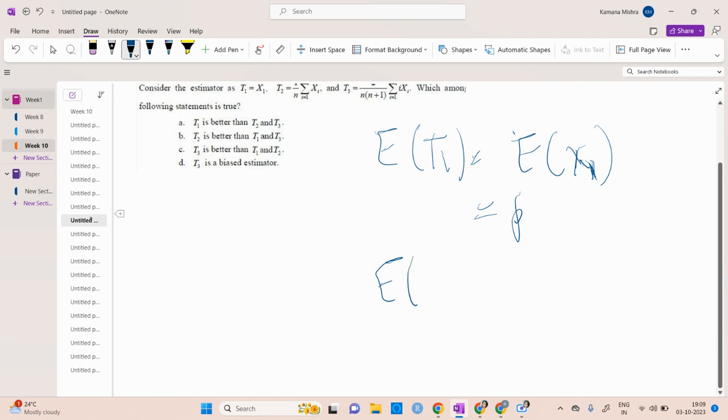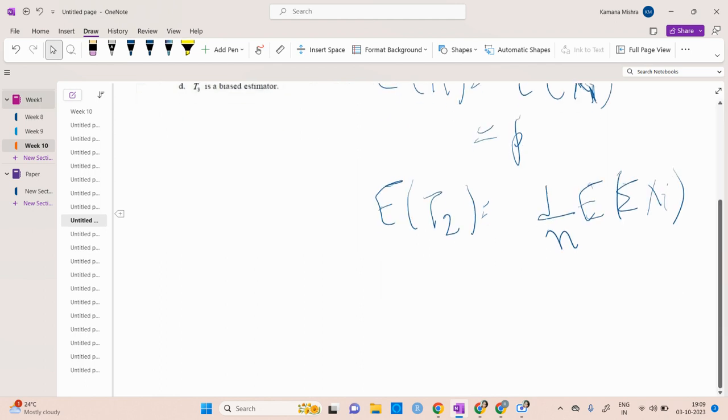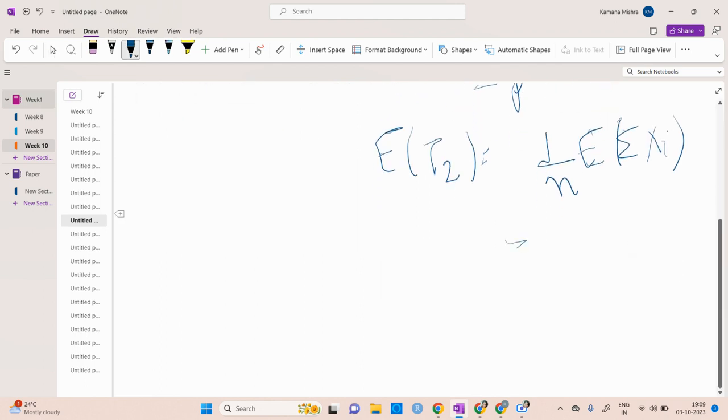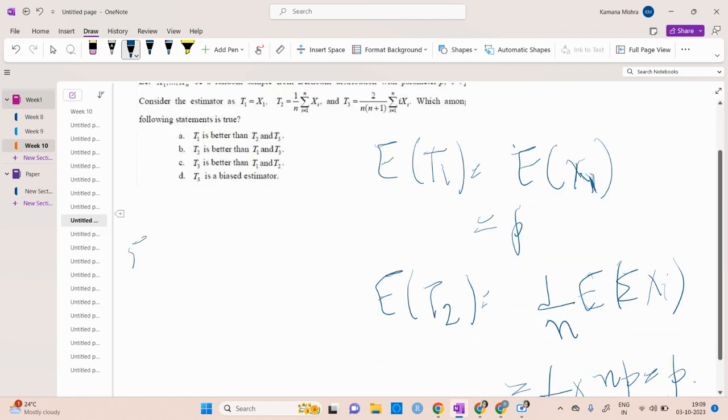Now expectation of T2 is 1 upon n expectation of summation xi. Now for all xi it is p, so it will be 1 upon n times n p, which is again p. So this is also unbiased, right? And then we can check for expectation of T3.